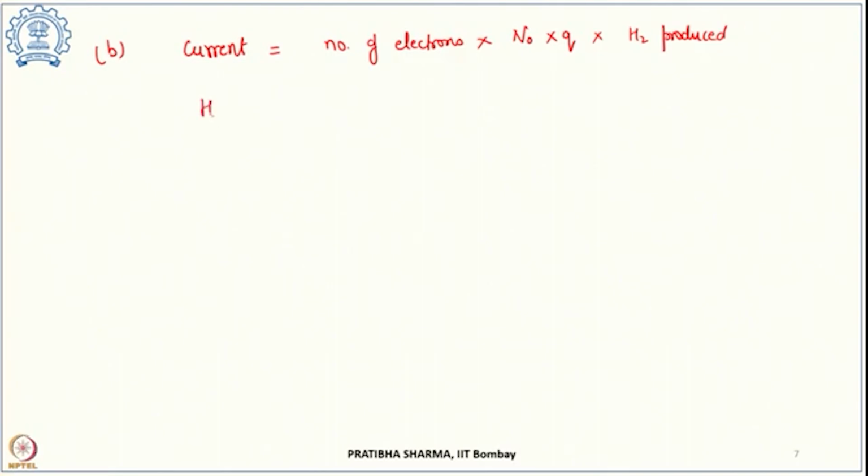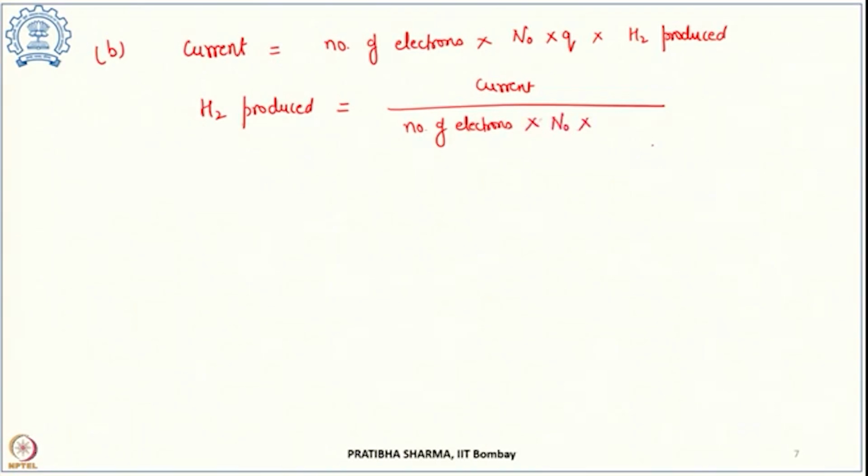So, we can find out from here how much hydrogen is being produced, and that will be given by this expression: current divided by the number of electrons transferred in the electrolysis process, the Avogadro's number, the charge on an electron. That can be written as current, we know 0.81 amperes we have found in the first part.